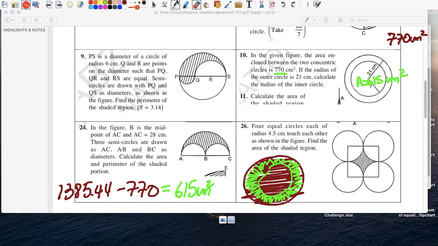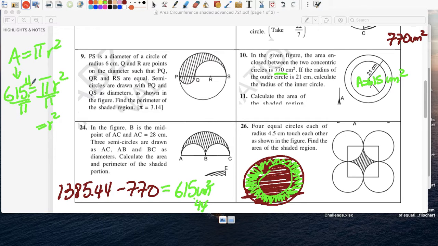So A equals pi r squared. The area of the small circle is 615.44, equals pi r squared. We're going to divide both sides by pi. So r squared equals 615.44 divided by pi, which gives 195.9.